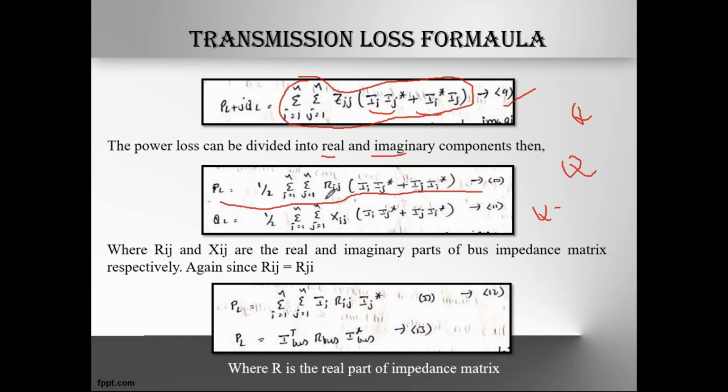So how do we get these two equations? Generally, what is the formula for Z? R plus jX.